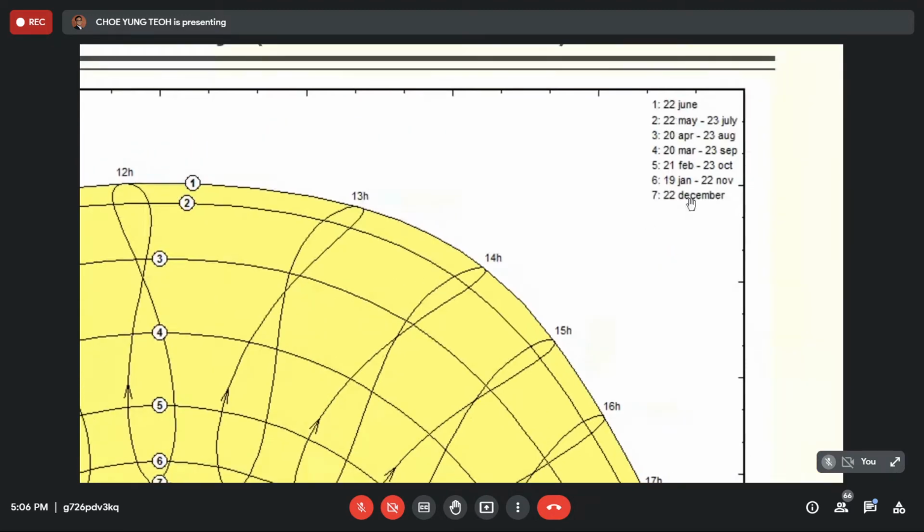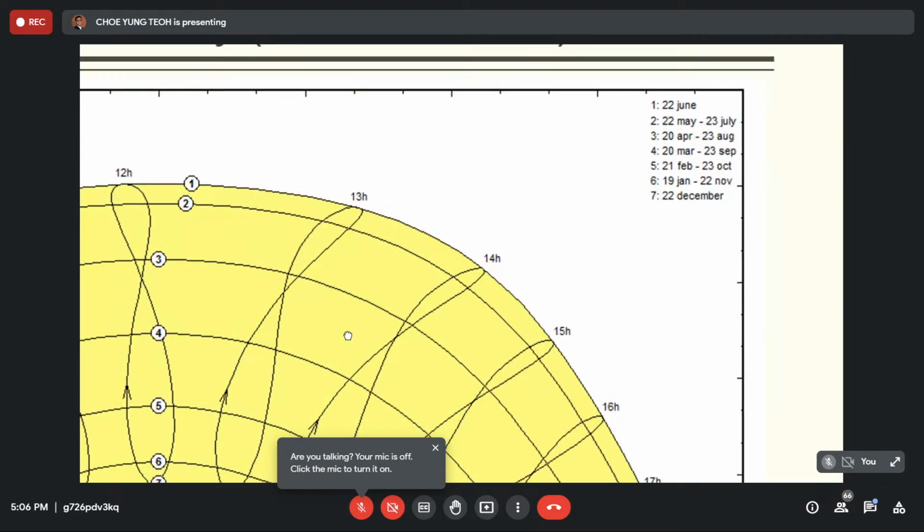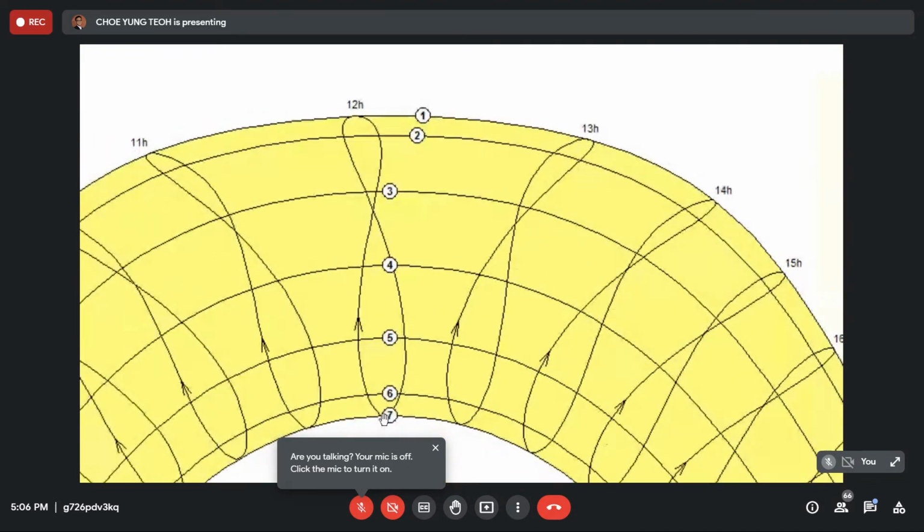Line 7 is 22nd of December. Okay, so after December should be January. Now we start from line 7, December. This point will be January. This point will be February, March. Okay, and then this side will be April. Okay, April, May, June, July, August. Okay, you see that? So I know that the point near the middle should be April.